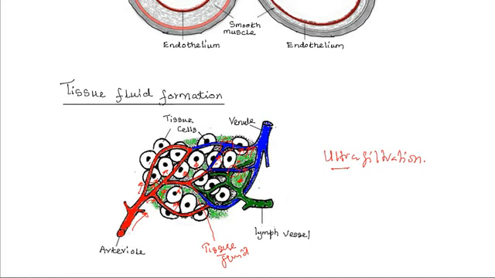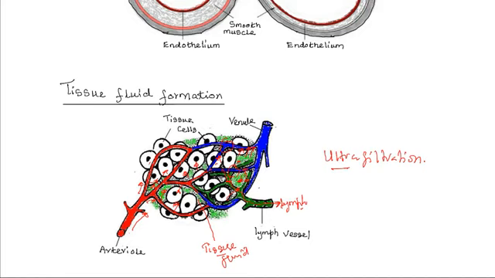Now, excess tissue fluid that cannot seep back at the venule end enters the lymph capillaries that make up the lymph vessel. So the excess tissue fluid enters the lymph vessel and becomes the lymph. And through the lymph vessel, the lymph is taken back to the circulatory system and rejoins the blood.